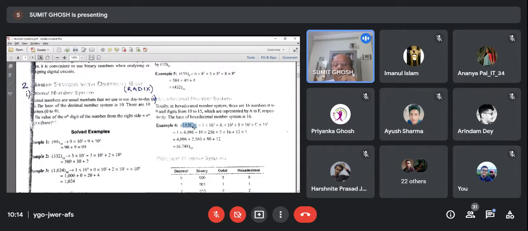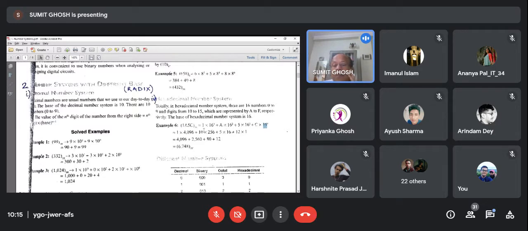For example, the rightmost hexadecimal digit is C. So C is multiplied by the position weightage of 16. Here the base or the radix is 16, not 2 as it was for binary, or 10 for decimal. Now it is 16, because it is a hexadecimal number.